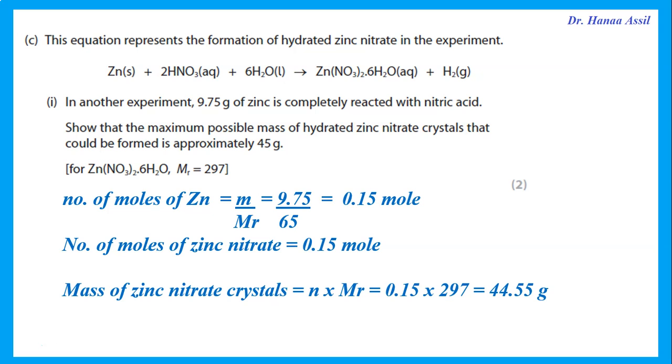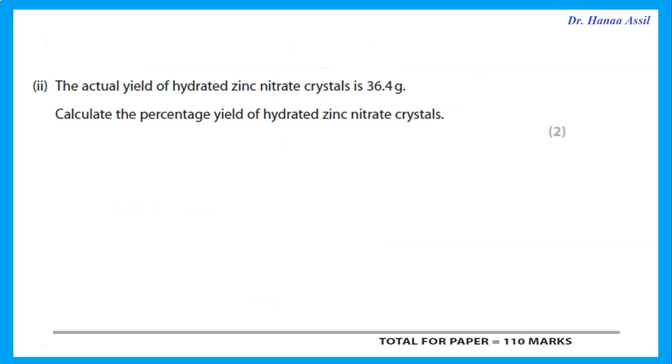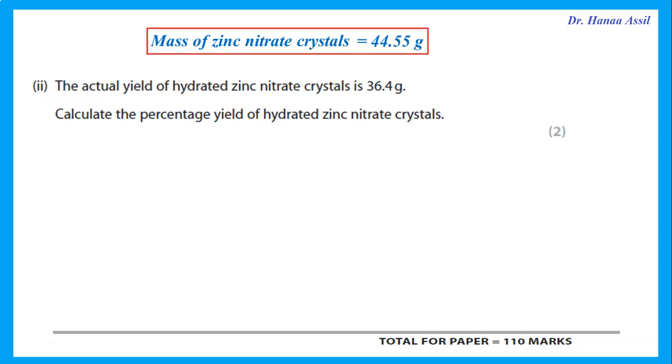Simple 3 steps. The actual yield of hydrated zinc nitrate crystals is 36.4. Calculate the percentage yield of hydrated zinc nitrate crystals. Okay, so we already calculated that the theoretical yield, what they should have obtained, is 44.55.